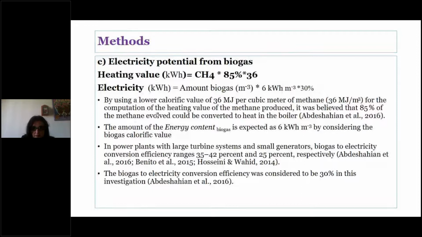Another point is electricity potential from biogas.